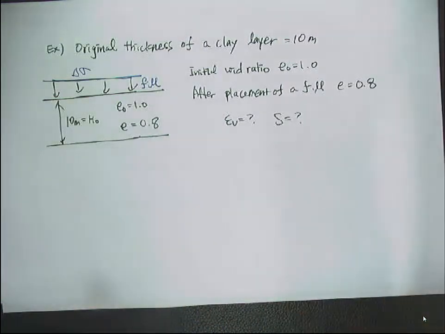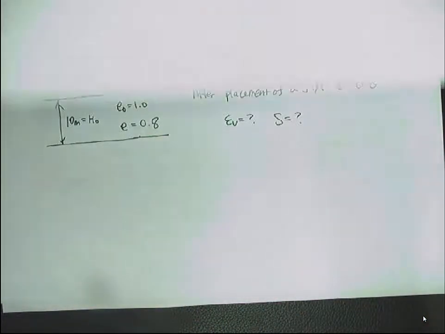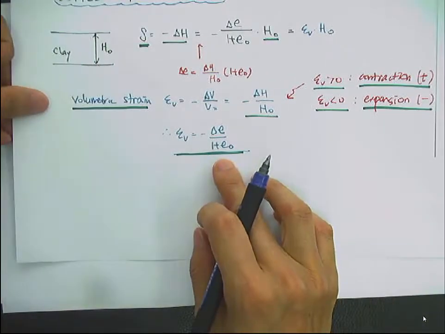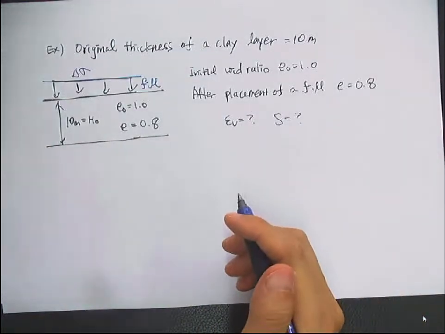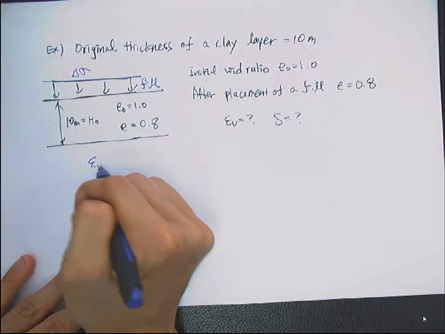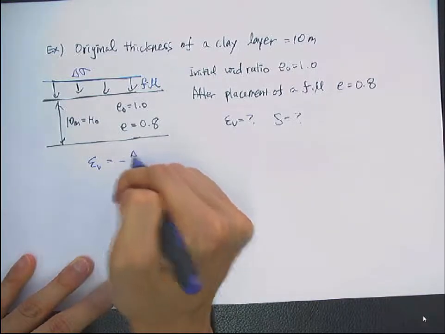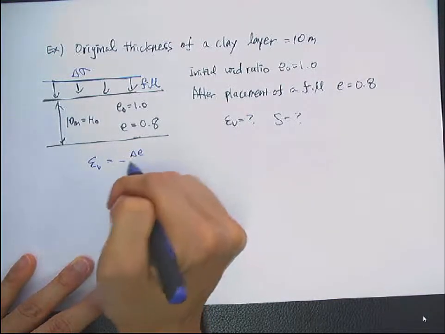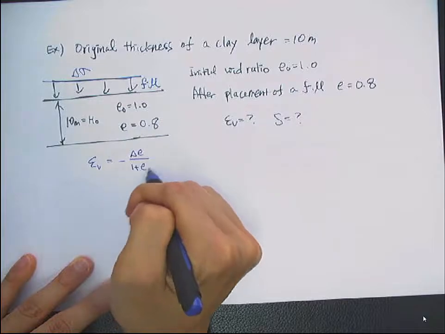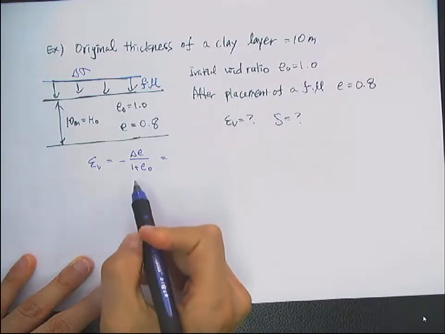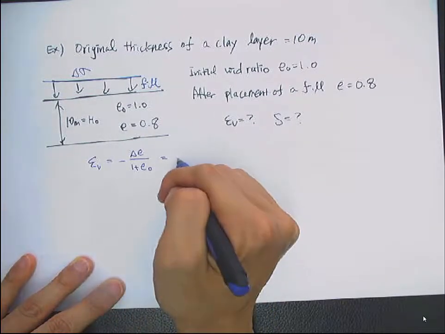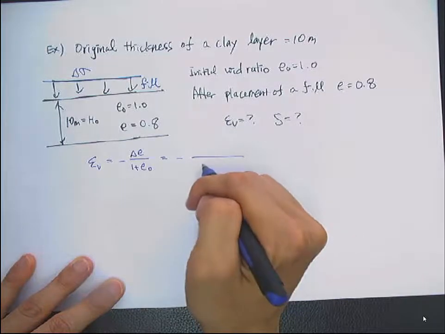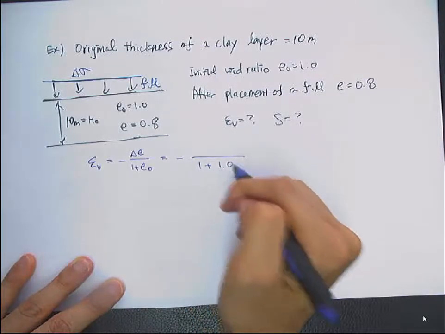So according to the equation, we can just follow the definition of the volumetric strain here. Epsilon V is defined as delta e over 1 plus e naught. So we can plug the numbers in: 1 plus 1.0.